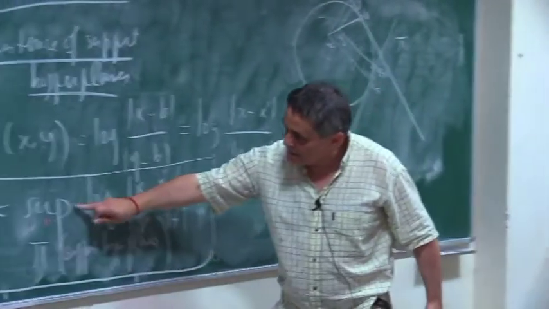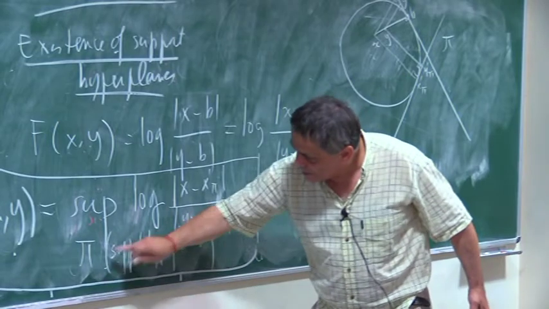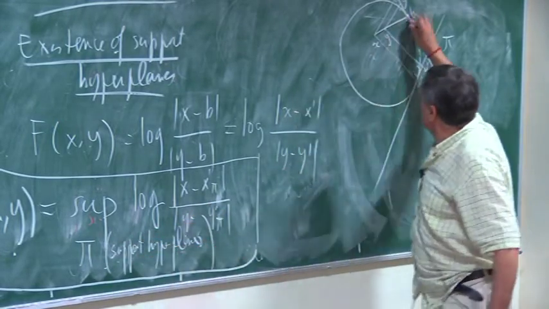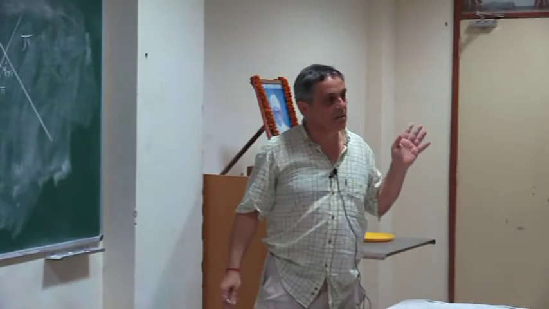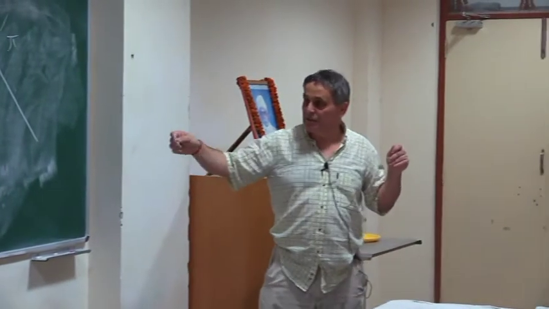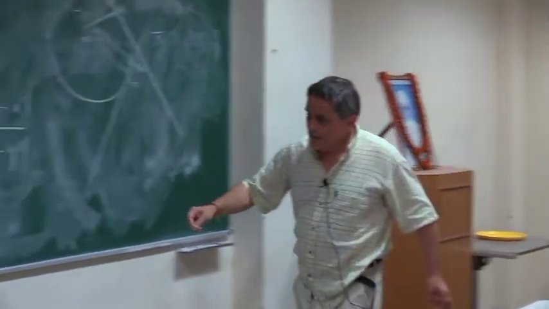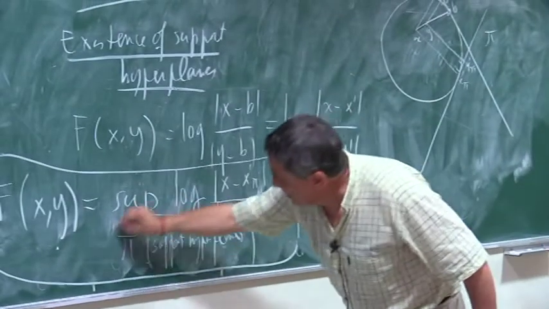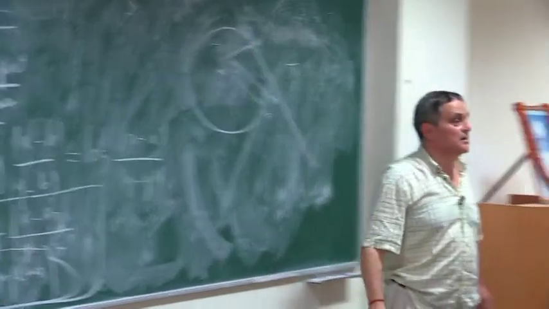It is indeed useful for the triangle inequality, because if I use this formula with the supremum over all support hyperplanes, independently of the point B, then the triangle inequality is automatic, because I'm taking the supremum over the same thing, the support hyperplanes to my convex set.